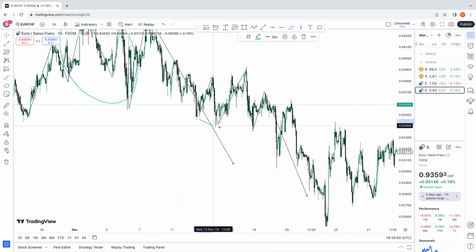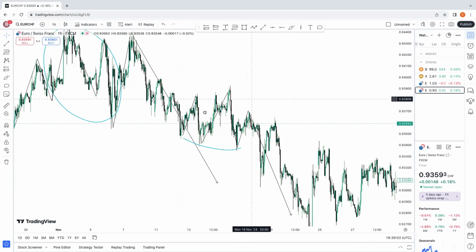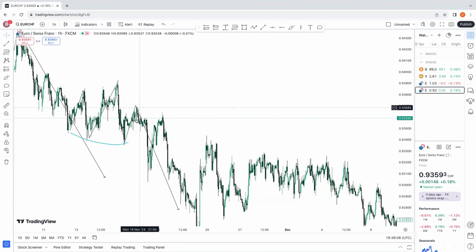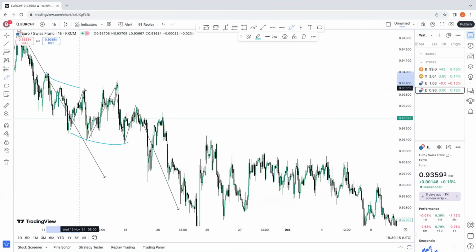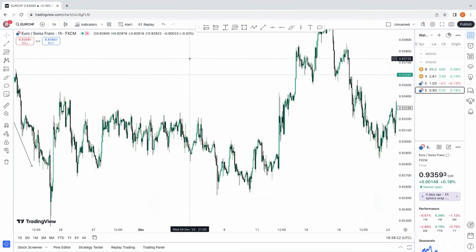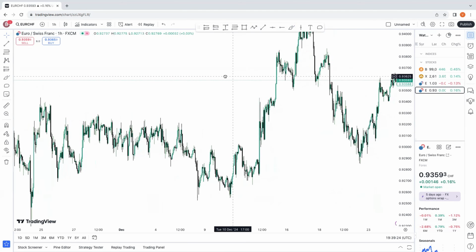All of these things you're seeing here are liquidity. This is called liquidity pool, and also all of these things you saw here as well. They are all liquidity pool. Look at how price took them out before it started selling down. So that's that for reversal.